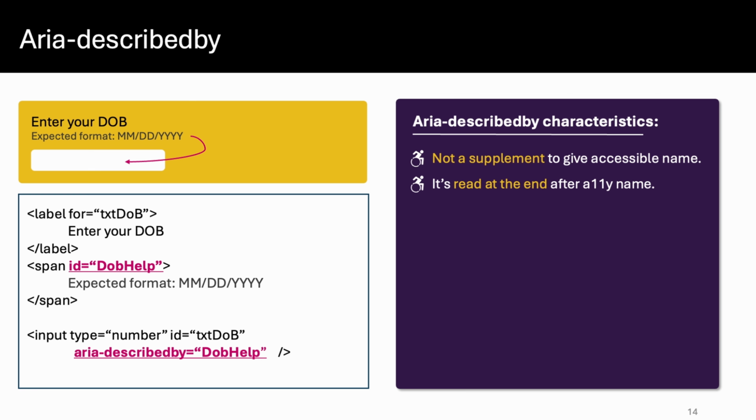So in this example, "enter your date of birth" will be read first, then the input value of the text box, followed by the aria-describedby. So it will be read out as "enter your DOB, edit input field, expected format YY." And when the information is critical, it must be visible on the page so that it caters to the broader audience and not only to screen reader users.